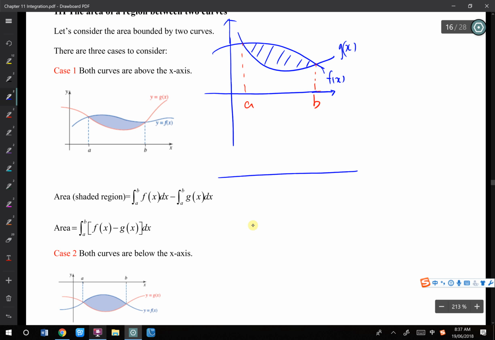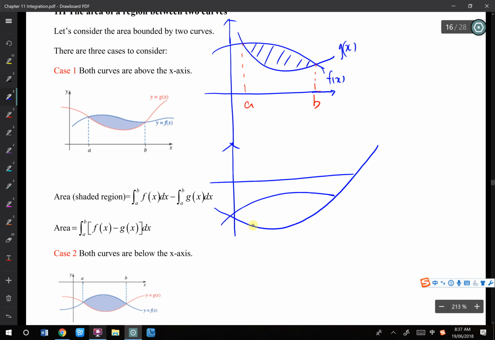And the second one I want to sketch is something similar to this. So I still have f(x) for this one and g(x) for this one. And I still have intersections, say it intersects at A and at B. Okay, so this is the area I want.